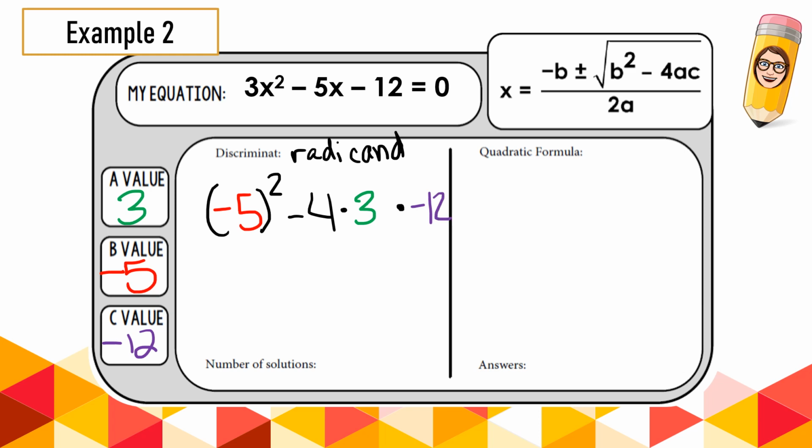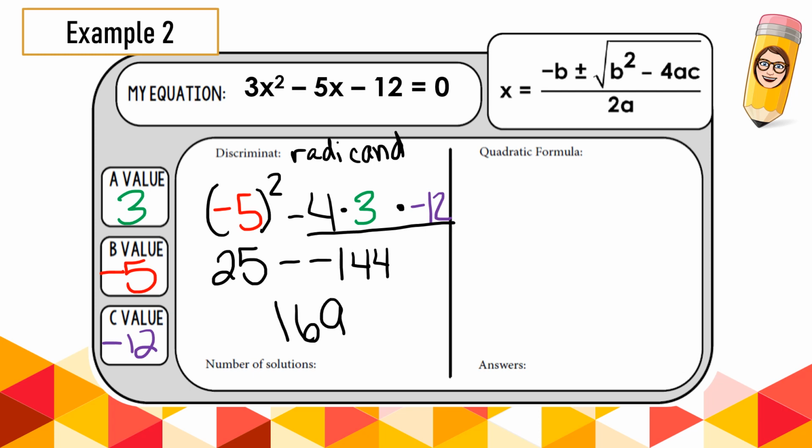All right, let's solve exponents first. Careful here. I'm multiplying. 4 times 3 times negative 12 is negative 144. A double negative here becomes a positive, so if I add those numbers, I have 169 for my discriminant.